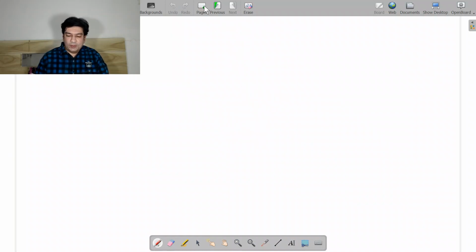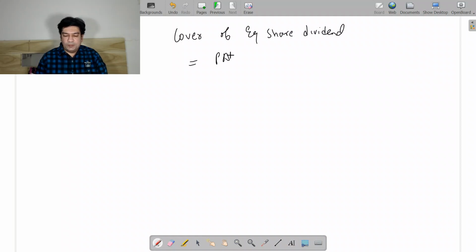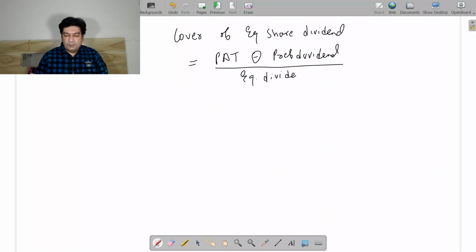Now they want the cover of equity share dividend. So the formula will be profit after tax minus the preference dividend, divided by the equity dividend. First we need to find the equity dividend.